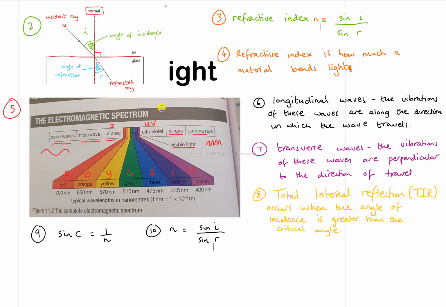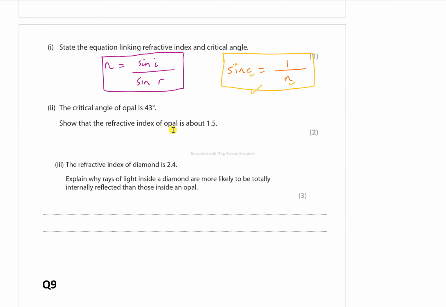Right, let's go back. The critical angle of opal is 43 degrees. Show that the refractive index of opal is about 1.5. They've given us the critical angle, and we just need to rearrange this formula.